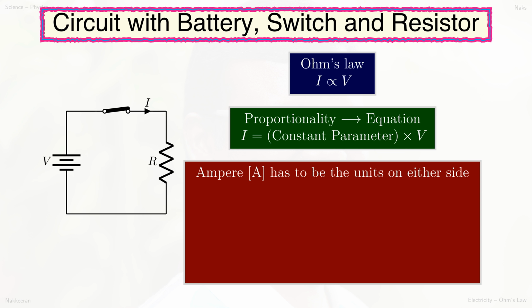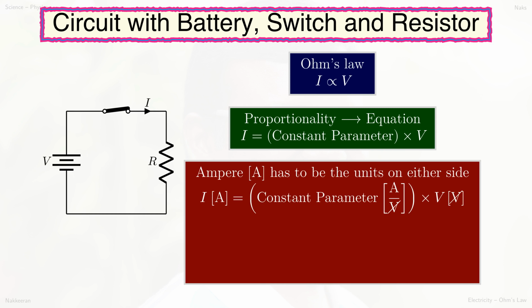Left hand side is current I with ampere as the units, so the right hand side must also be in units of ampere. Thus, voltage V, units volt, multiplied with the units of the constant parameter must be ampere. Hence, units of the constant parameter must be ampere divided by volt.